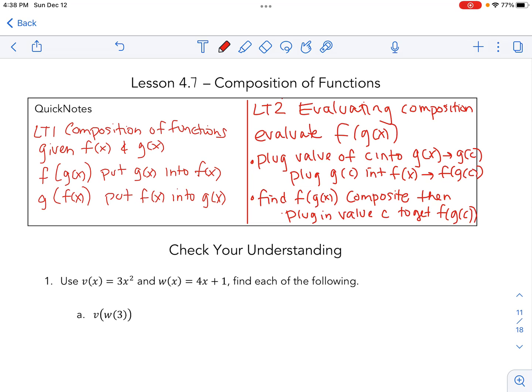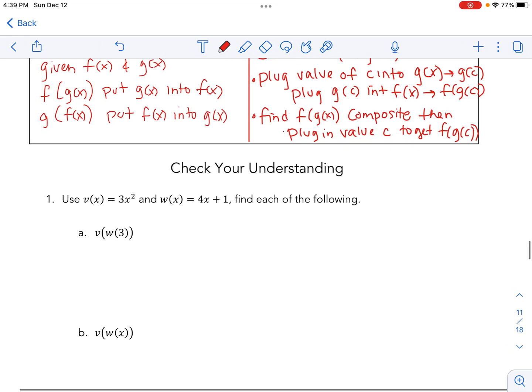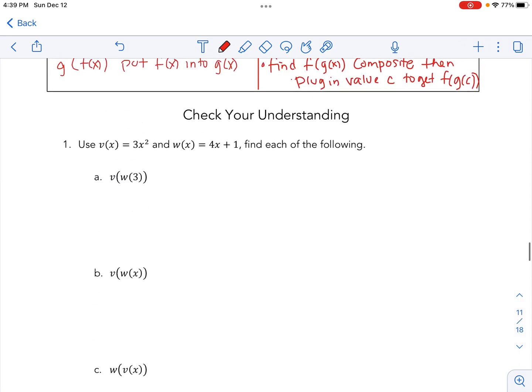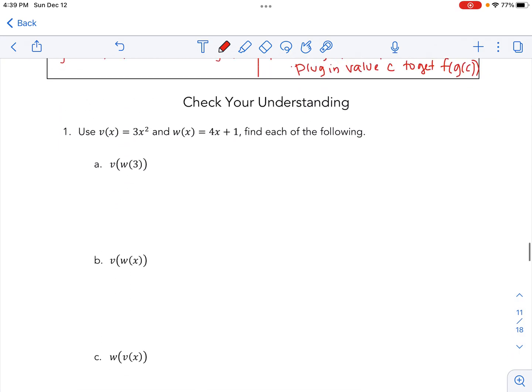So there's kind of two different ways to evaluate to get the answer. Just a matter of, do you want to work numerically and do two steps, or would you rather find the new function and then plug in the value to get the numeric answer?